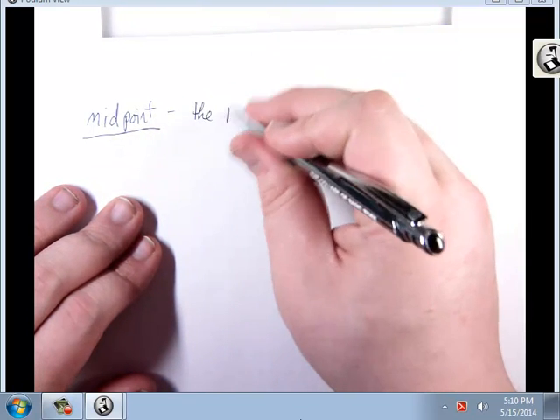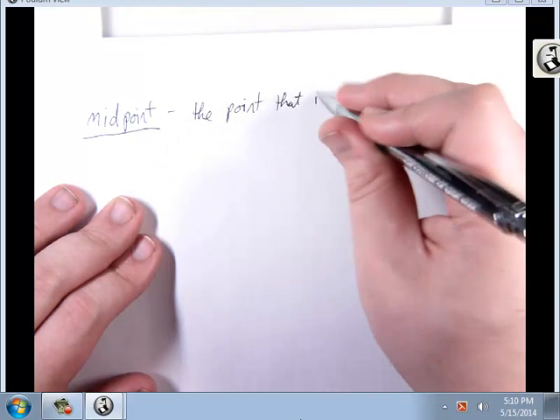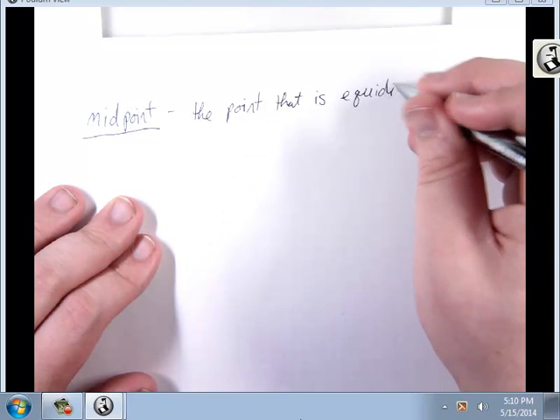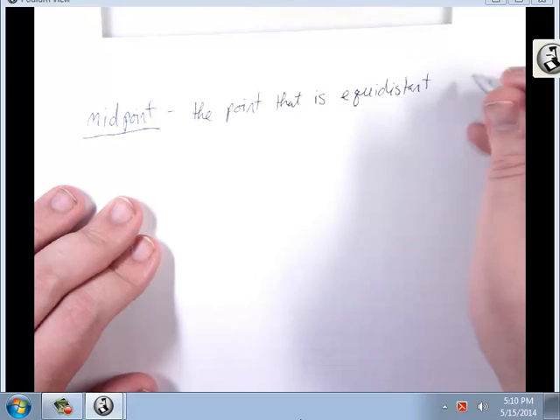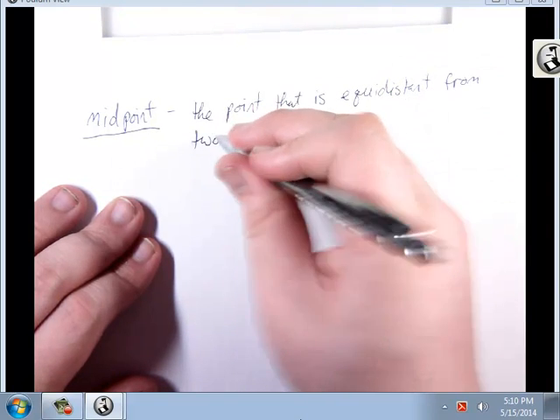It's the point that is equidistant from two endpoints.